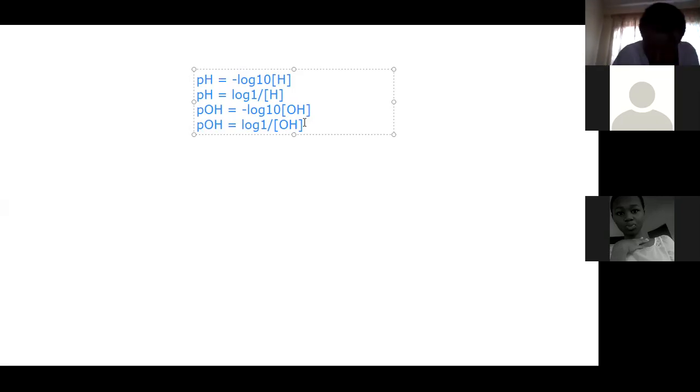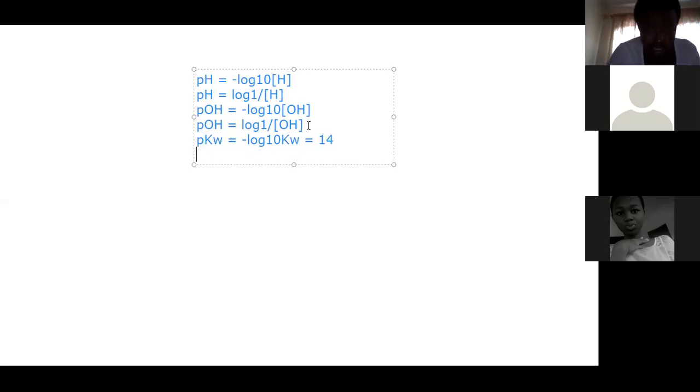Now, bear with me, when we're doing the scale, we said that the scale is from 1 to 14. So finding pKW is equal to negative log 10 of KW, which is equal to 14.